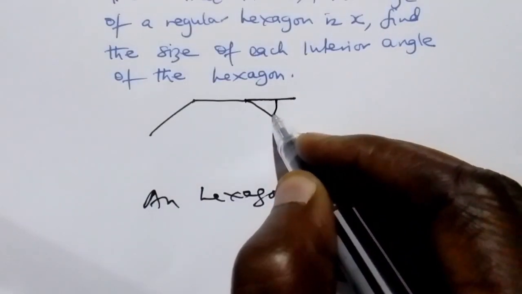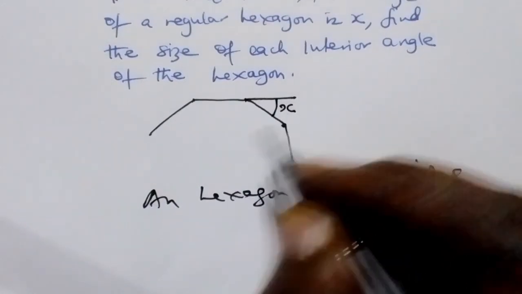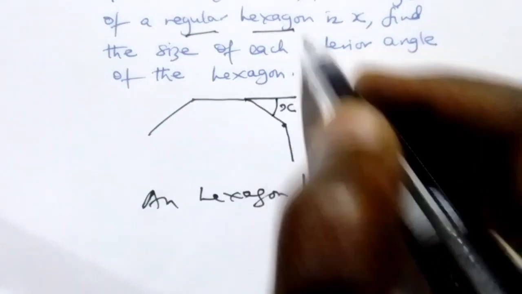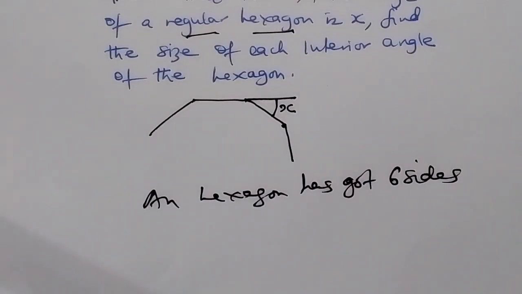and because we are dealing with a regular hexagon, it means that all the exterior angles are the same, all the interior angles are the same, all the sides are the same.